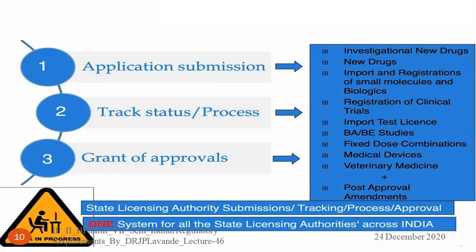So the application process became easy, and the process of tracking became easy. You can just log in and get to know where your particular application is. Then you can get the communications from the CDSCO. You need not approach the CDSCO directly and physically.